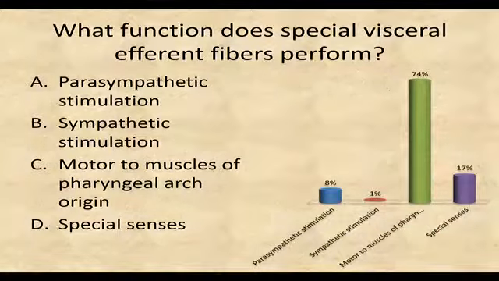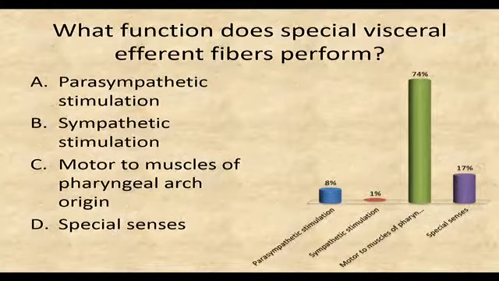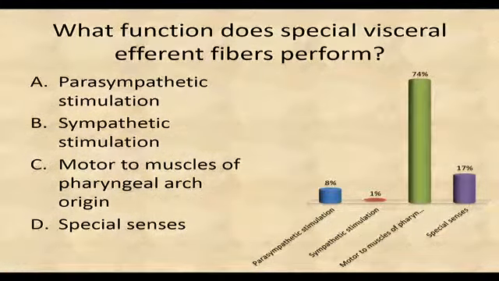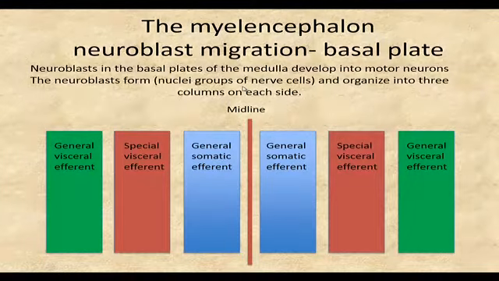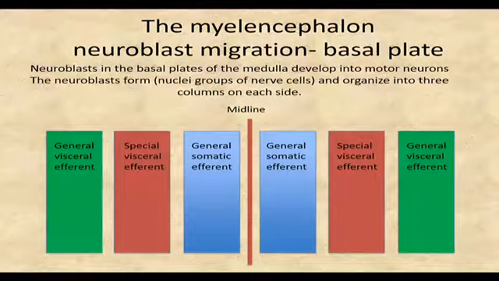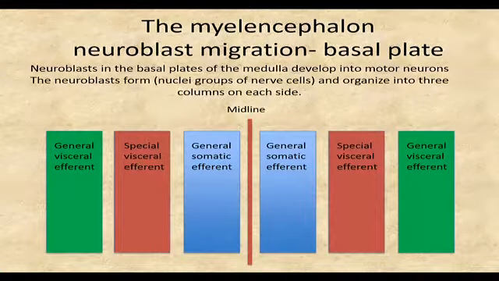Do you see these? I know. Those functional components that just seemed very irritating in gross anatomy actually are going to make more sense now. Because down the midline of the dorsal part of the brain stem lie nuclei that do general somatic efferent, muscles of the head that are not pharyngeal arch origin.